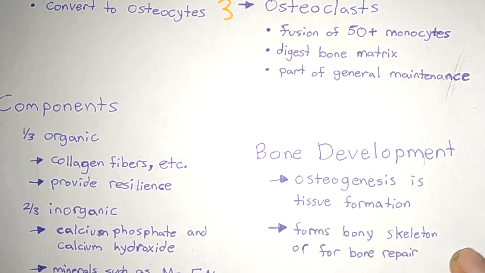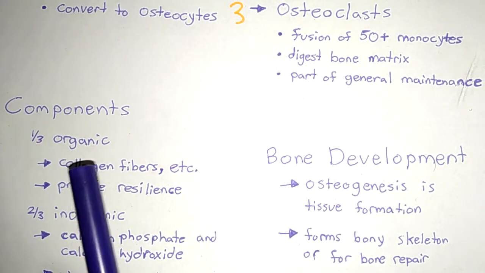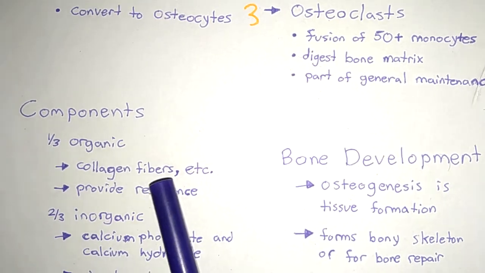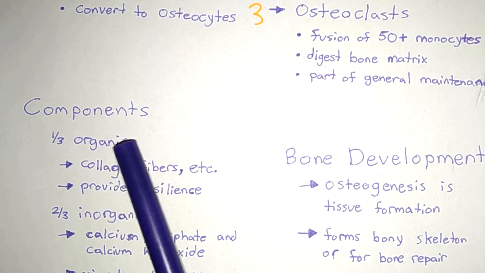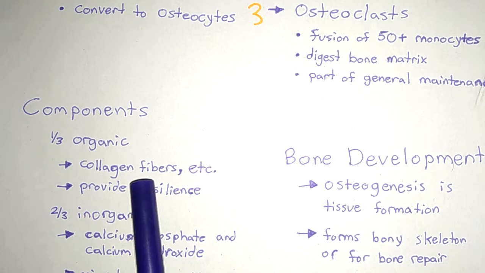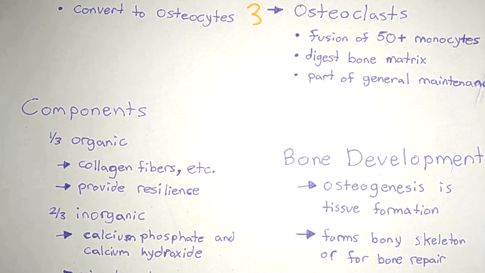The components of these bones are one third organic, that being collagen fibers and the likes of them. Organic meaning that they're made up of, as we say, carbon chains and hydrogen bonds. Collagen fibers are proteins, and proteins are amino acids, and as we know, amino acids are organic compounds.